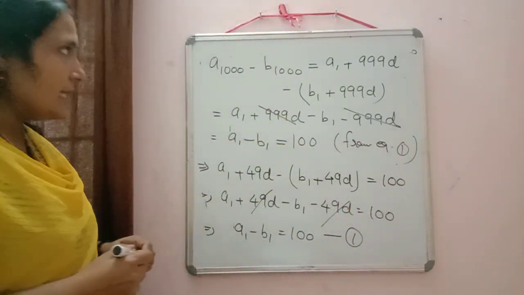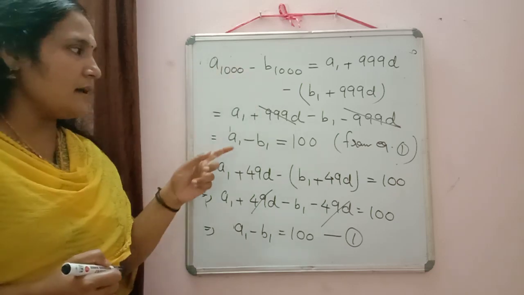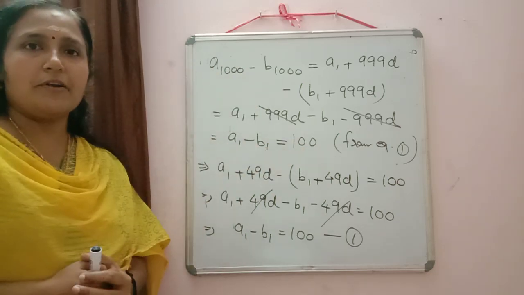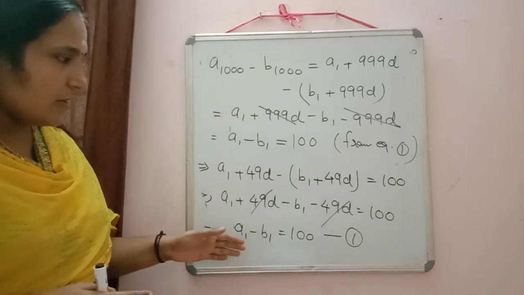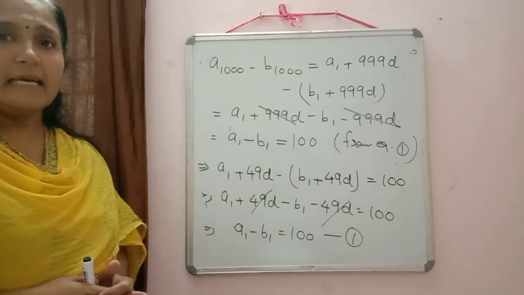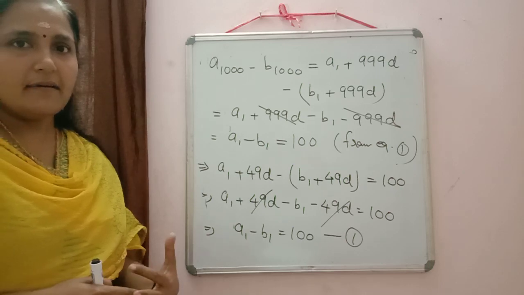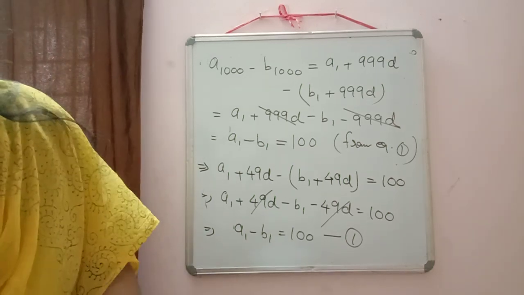So we got that the difference between the 1000th term of both the APs is also equal to 100. So if the common difference is the same, the difference of any term will also be the same. Clear? Okay. So we'll move to the next question.